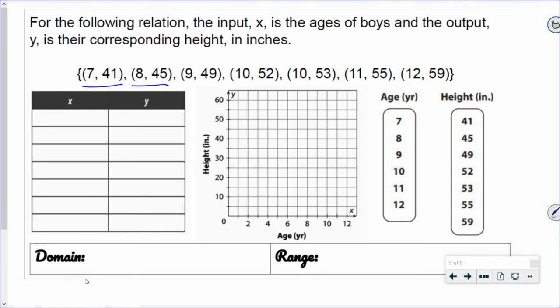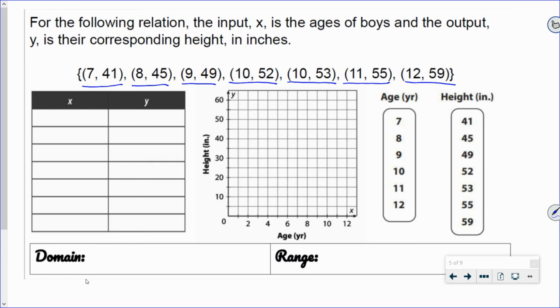This one's 8 years old, 45, 9 years old, 49. I have a 10-year-old that's 52 inches and a 10-year-old that's 53 inches. Is that possible? Can that happen? Yeah. Same age, be different heights? Sure. 11 years old, 55. 12 years old, 59.